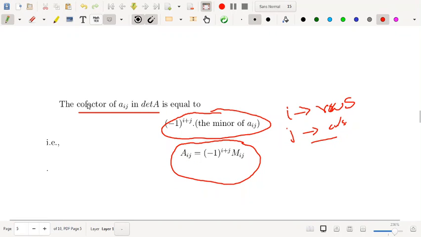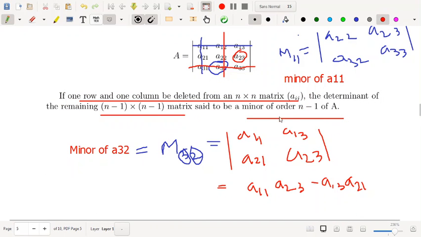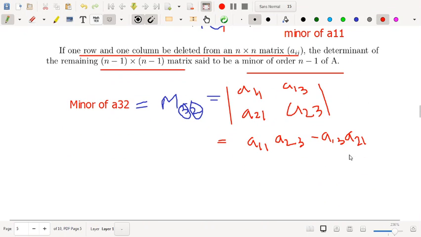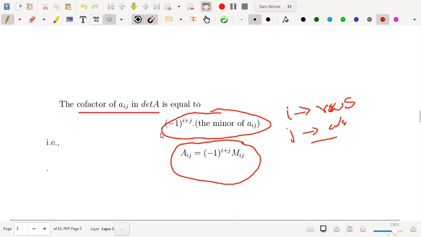Please remember, the cofactor is the signed minor, because in a minor there is no sign. You are just calculating, and the result may be plus or minus, no problem. This depends on the values. If one value is less than the other, it will be negative, but there is no sign put in the minor. But in the cofactor you have to put the sign.